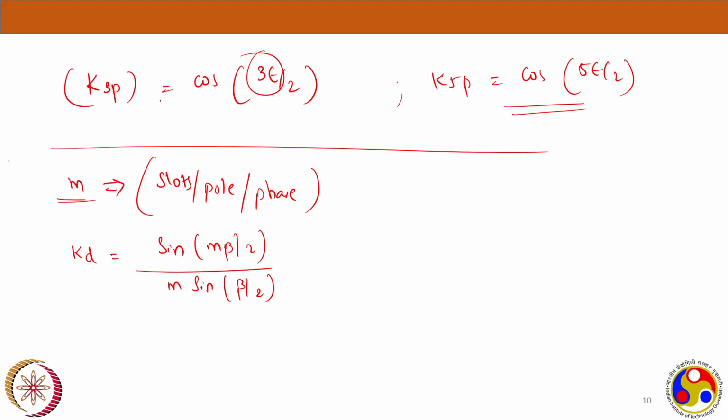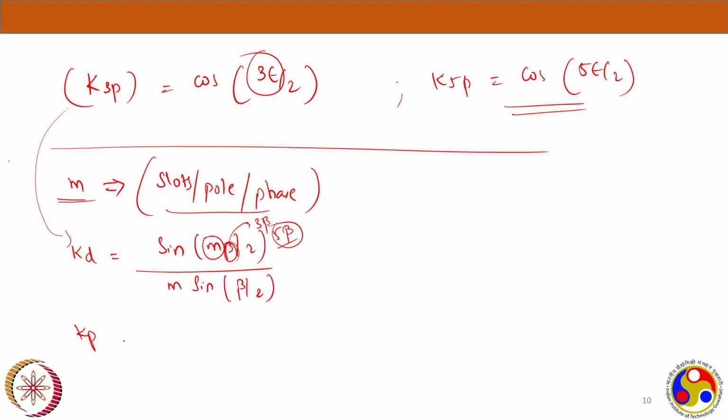Here, if they are trying to eliminate the third harmonics and ask you the distribution factor, this beta will be taken 3 times, 3 beta, for the third harmonic. If it is the fifth harmonic, it will be 5 beta. It's not dependent on M. M is different; M is the slots per pole per phase.